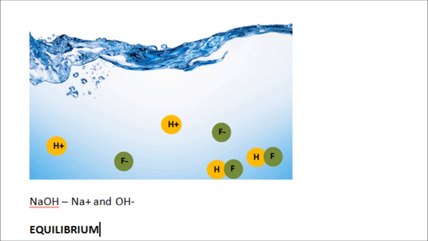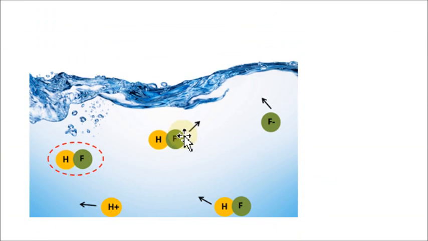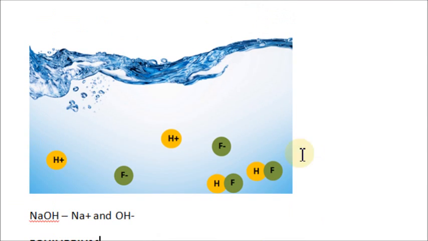They're bouncing everywhere. And as this happens, if an H plus ion and an F minus ion happen to hit each other, then they will come together, rebond, and form an HF molecule. So here's initial. You've got H plus, you've got F minus floating around, and you've got some HF molecules.